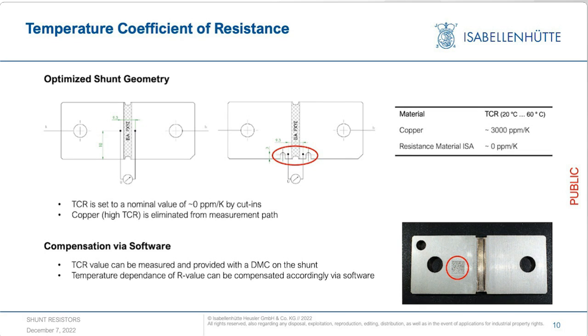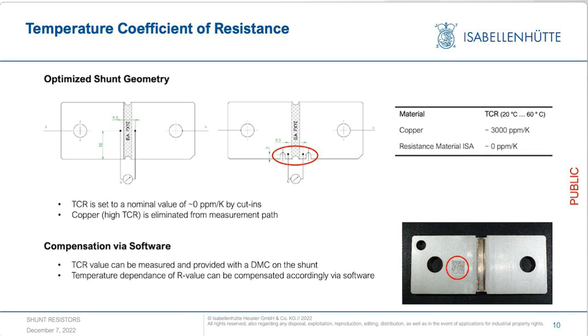But there's also another approach possible, the compensation via software. What does this mean? We can measure our shunt at two temperatures at the end of line, and as we know the curve of the TCR, we can give the coefficients of a polynomial and write this on a label onto the shunt.